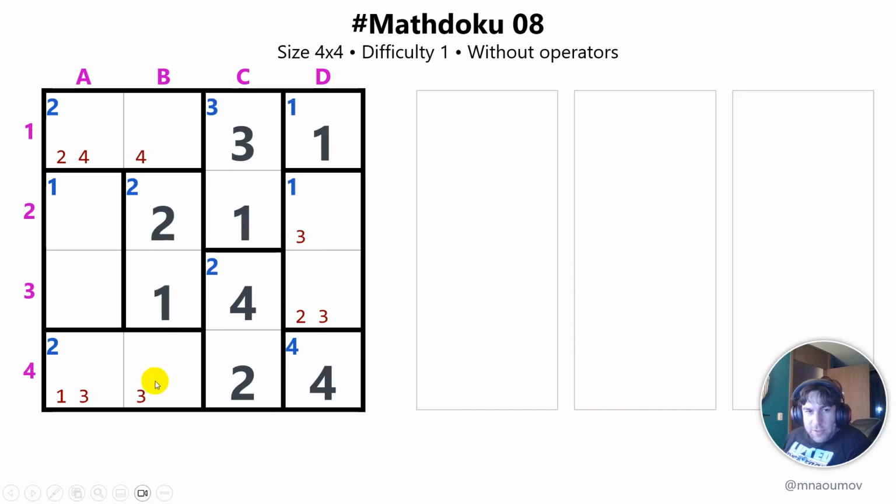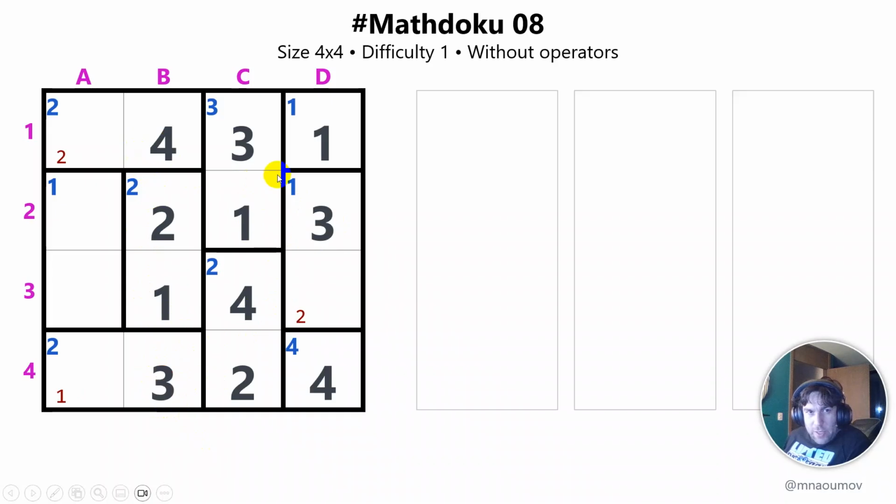Now also notice that number 2 disappeared from the candidates because there's already 2 in this column. When we see only one candidate left, as in these 3 cells, we don't need to think anything else because only one candidate is possible, we just need to fill it in.